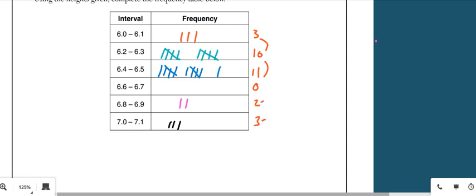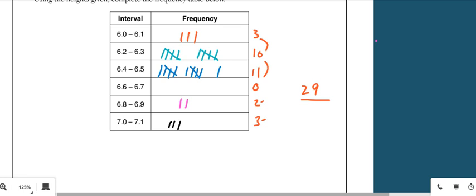So the table values that we are given, it is for 29 values, right? Is it clear? The total number of values were 29.